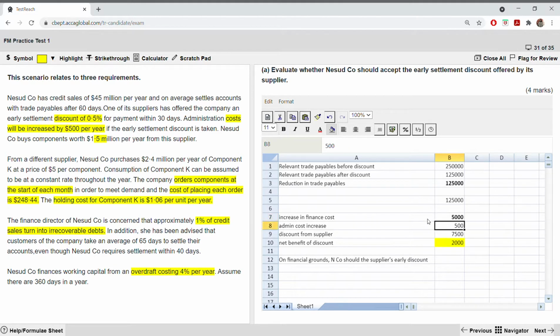Why half a mark, not 1? 1 mark is only given where you have to do some working. Where working is not required and you just copy a number from the scenario, like administration cost of 500, you only get half a mark. Early settlement discount is half a mark, and the net benefit is another half a mark.